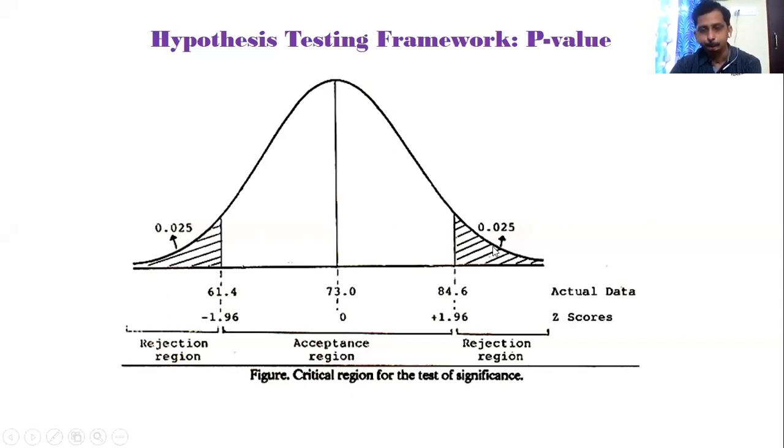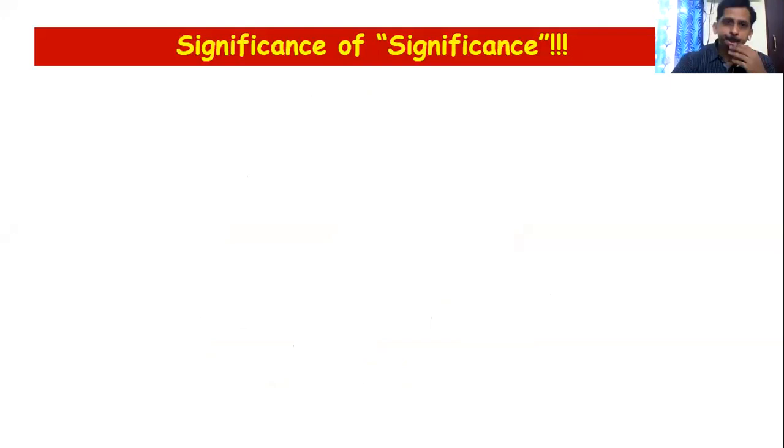Now, if the p-value falls within this region of the dashed line, it clearly indicates that there is some kind of chance mechanism by which the two groups differ from each other and have different means. Most of the time we are fascinated by the word significance.